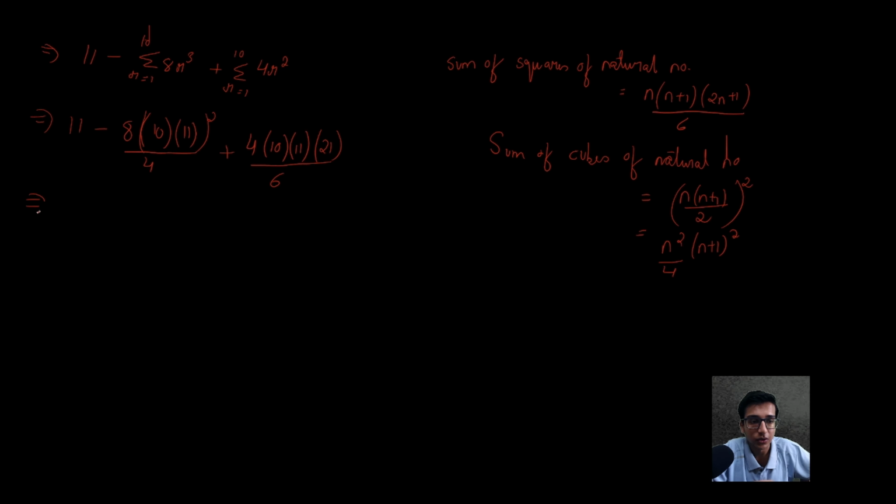Now let's solve this equation. 11 minus 4 2s are 8, so we would get 2 into 100 into 121 plus, let's solve this equation. 3 2s are 6, 3 7s are 21, 2 5s are 10, so we would get 4 into 55 into 7.